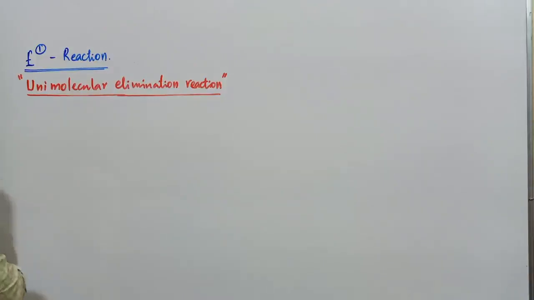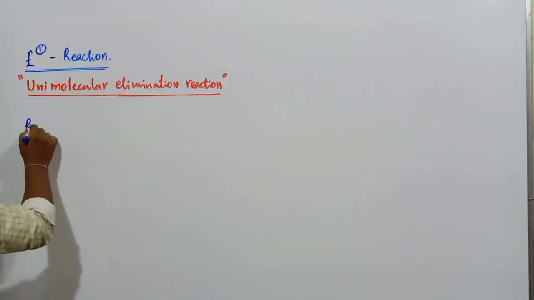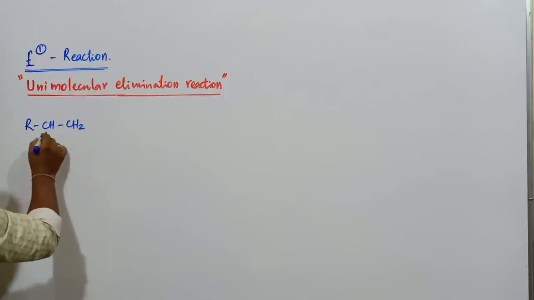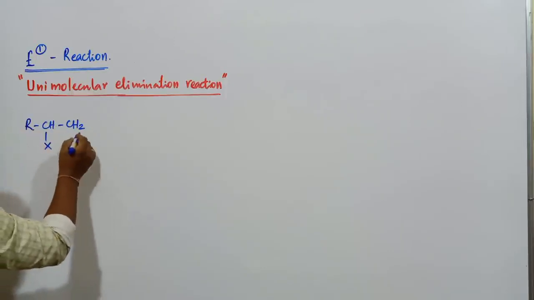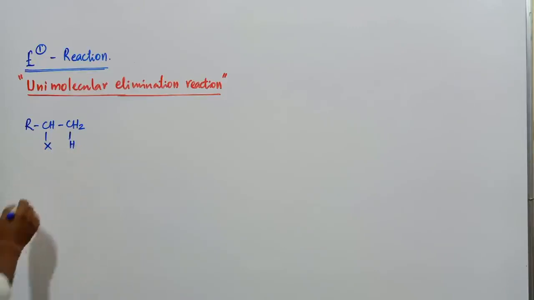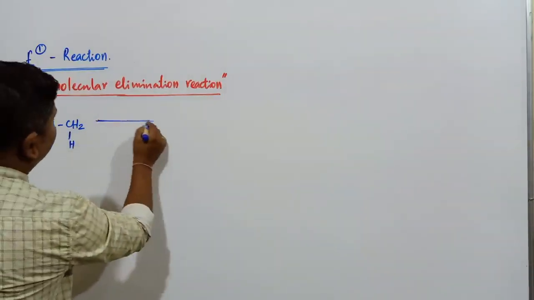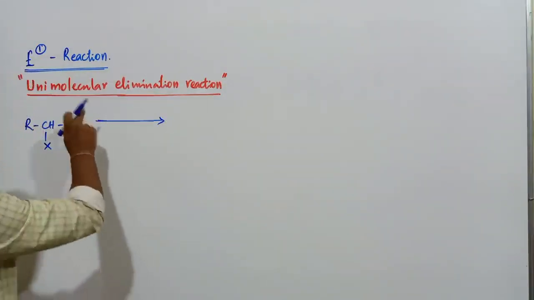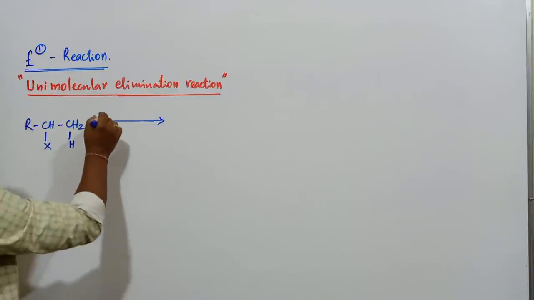If we go with one simple example, this is RCH, CH2, a halogen, and here, instead of writing CH3, I am writing this as H. When this reaction is carried out in the presence of a weak base, E1 reaction always takes place in the presence of a weak base.